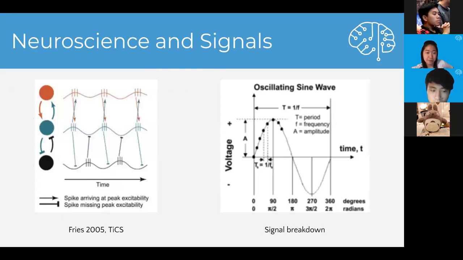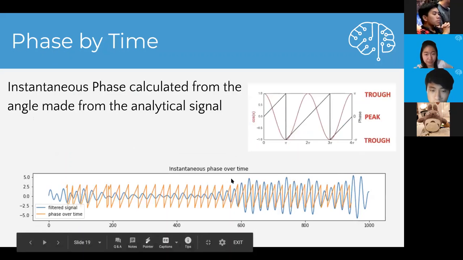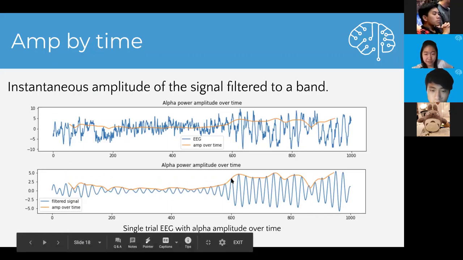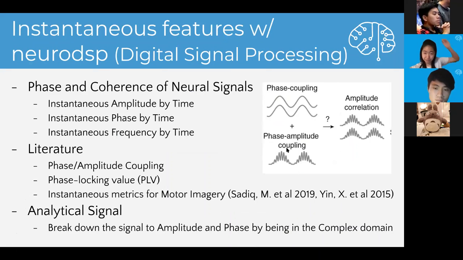Or you can come up with some creative way to think about, say, whether the amplitude is increasing at a certain point in time, if the phase is also increasing at that time. In this case, if we thought about the phase amplitude coupling, then if the phase of a lower frequency band is coupled with the amplitude of the signal at a higher frequency band, then you might get something that looks like this.